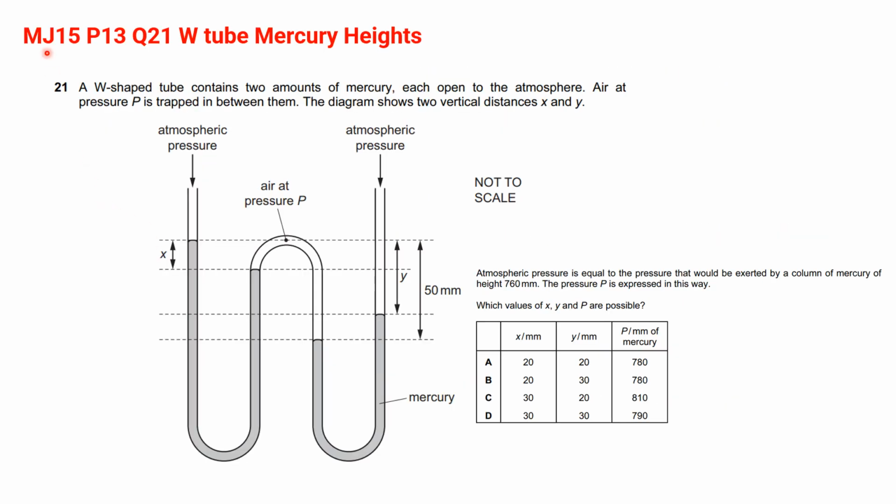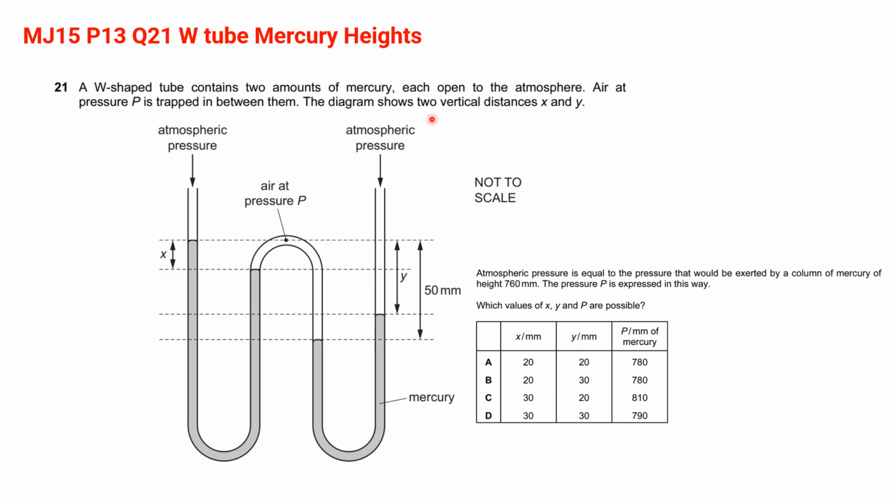This question is from May-June 2015, paper 13, question 21. A W-shaped tube contains 2 amounts of mercury, each open to the atmosphere. Air at pressure P is trapped in between them.